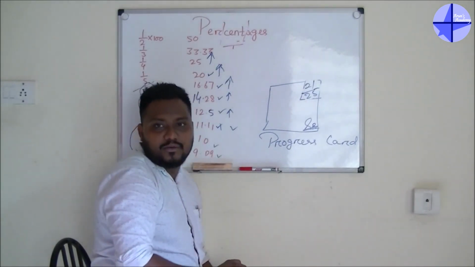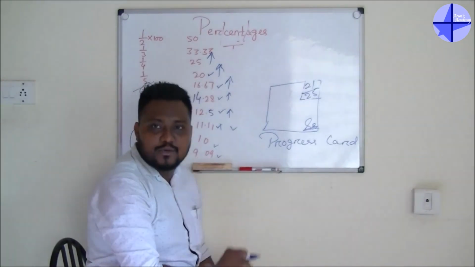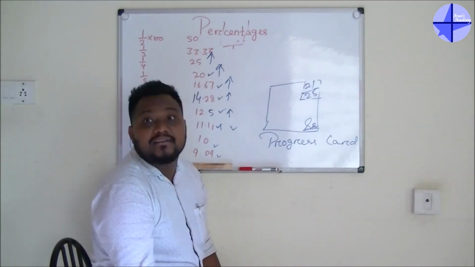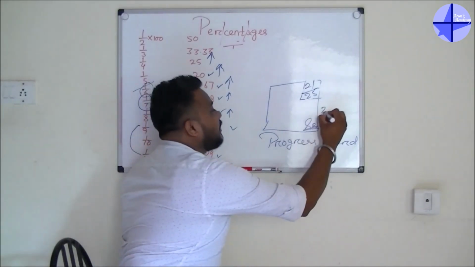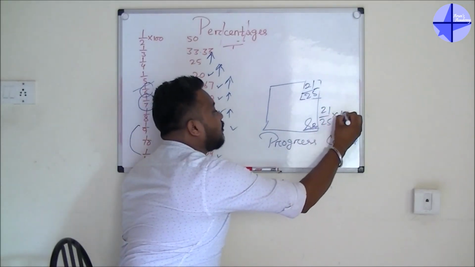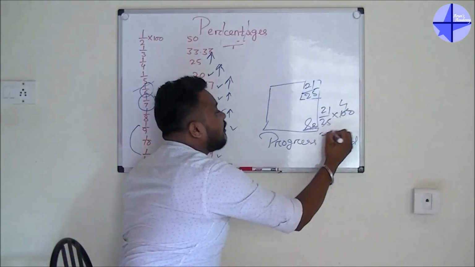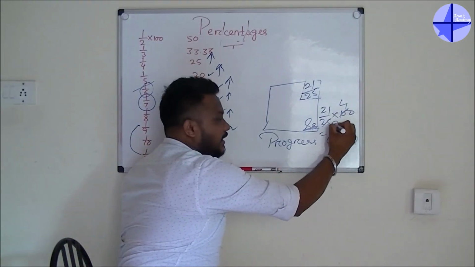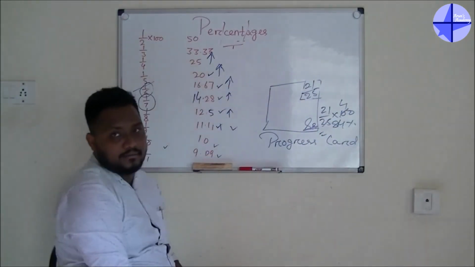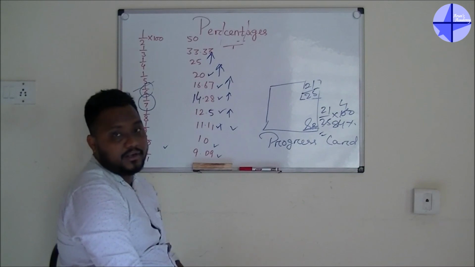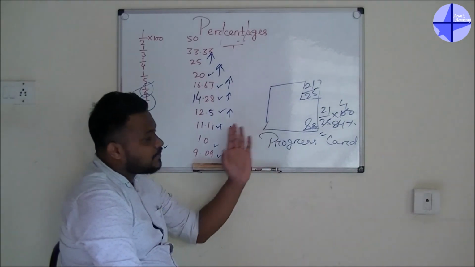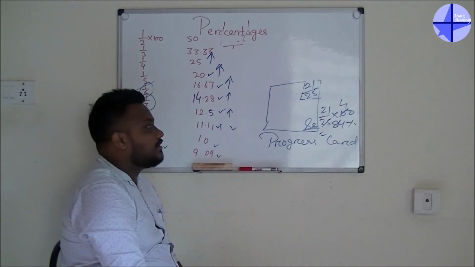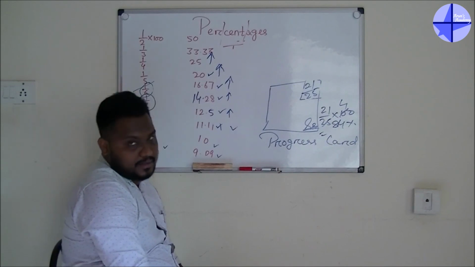Your score, with respect to the total score. What you want to find is the percentage, so multiply by 100. It is 21 divided by 25 into 100. Your answer will be 84%. Got it? That much simple it is. This is your type number 3.